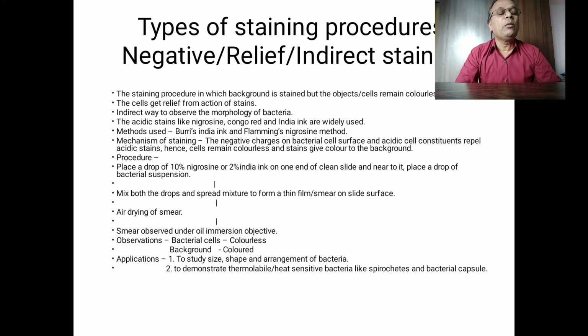Actually it is a straight wire with a wooden handle and it has a loop at its tip. When such a loop is dipped in suspension, you will get a film of suspension in the loop. Such a loopful of suspension is collected first from a tube containing bacterial suspension.